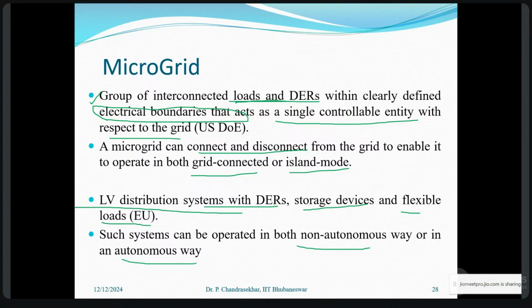Otherwise, the system stability will get affected. When compared with the grid, as the microgrid is of smaller capacity, this effect will be more on the microgrid, but it is definitely going to affect the operation of your main grid as well. Am I clear?